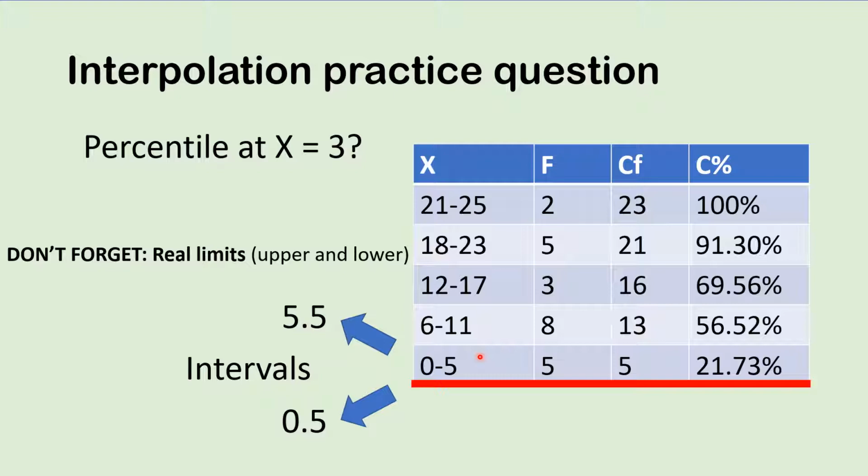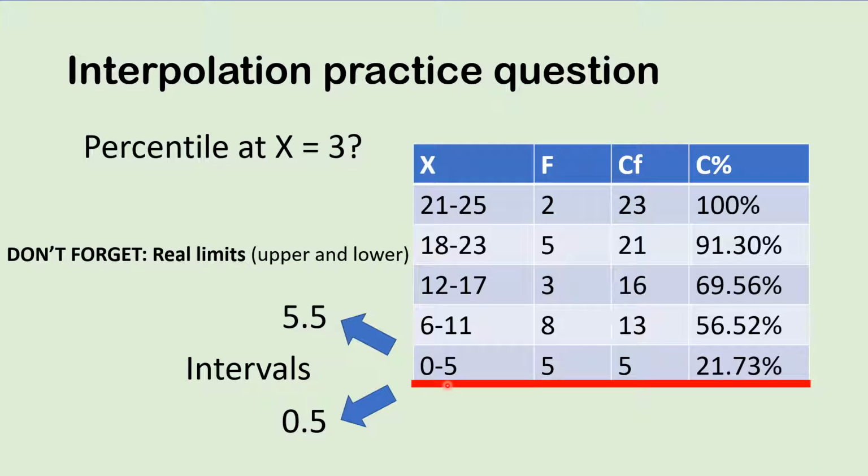In the previous episode, I mentioned just ignoring these first digits of the intervals, especially when you're trying to find a value in between intervals. But when you're asked to find a value that is at the bottom of a frequency distribution table just like this, you have to use both values in order to create those real upper and lower limits.